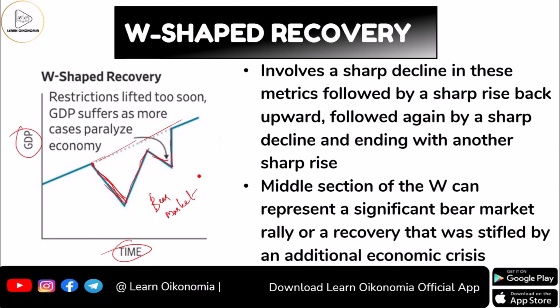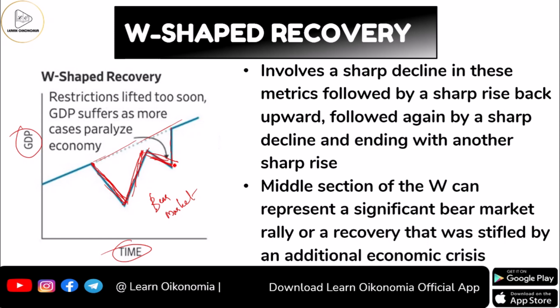The W-shaped recovery shows that as soon as it comes to a crisis, the economy thinks that okay, after taking some policies we can recover, and that is why it had gone for effective implementation of some policy, and for the very same reason it could go for a V-shaped recovery initially, but before reaching the earlier state of steady economic normal growth path, it will come down again, like what you could see here. It suffers more, and this would be paralyzing the economy.